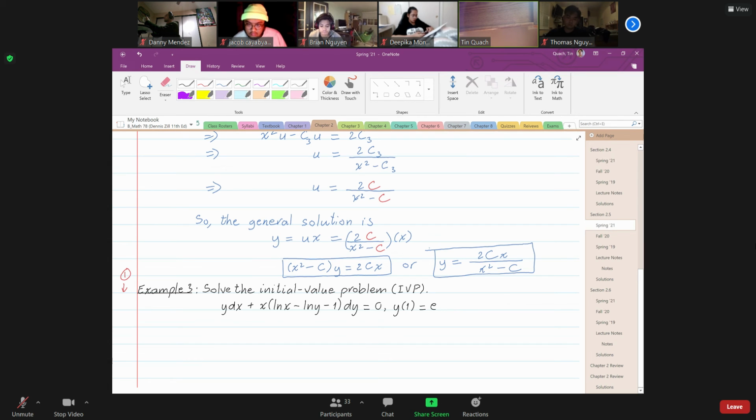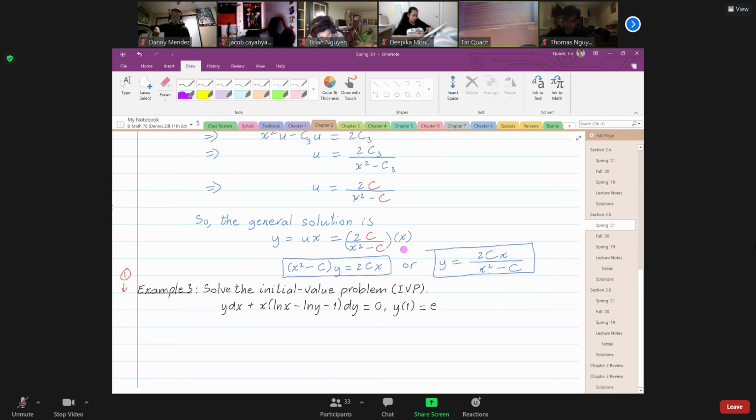Now the next example, you have an initial condition. So you need to use the condition to find out what the constant c is. That's what it is about, okay? But from here, the problem, I think somewhere in the direction in the book, it says that m and n are homogeneous functions, okay?